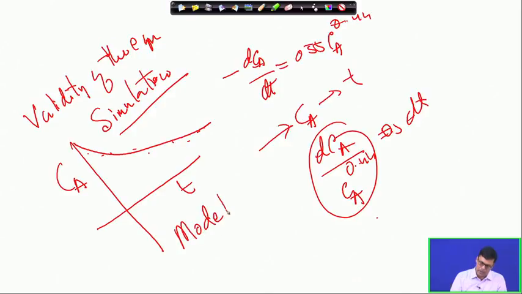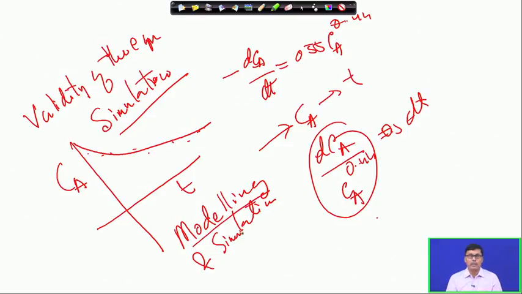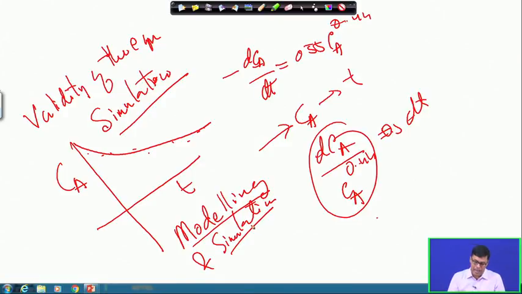So, we call it modeling and simulation. Modeling deals with the mathematical representation of the process, and simulation deals with the validity of the mathematical equation, how much validity we have as far as your mathematical equation is concerned.